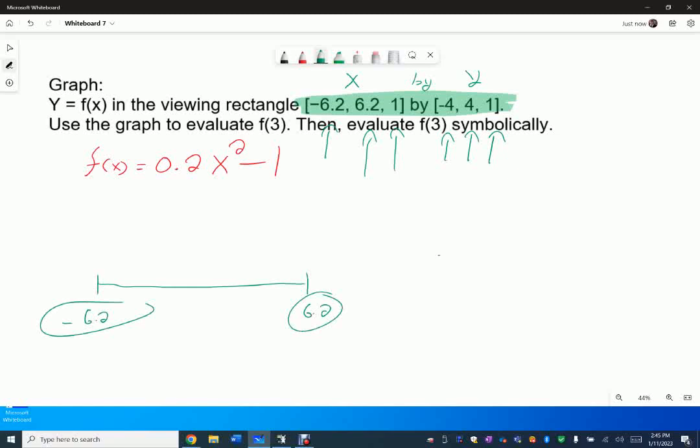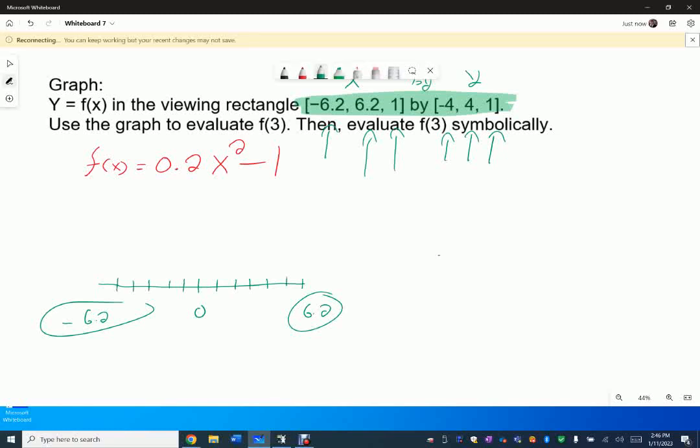My scale means that each one of these hatches, starting at 0, you will see a mark. So basically 1, 2, 3, 4, 5, 6. You're not going to see the 6.2. It'll just go past it. And over here the same way, negative 6, negative 5, 4, 3, 2, 1, and you're going to go just past 6.2.